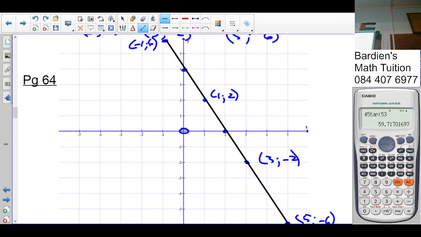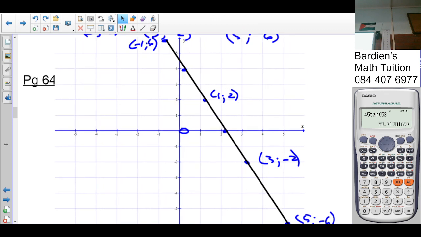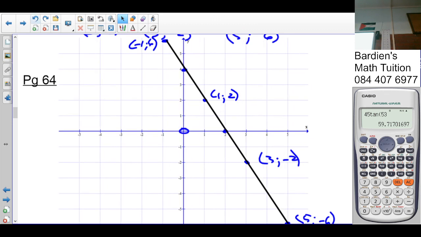The straight line can be drawn through these points. It's decreasing because as you're moving from left to right, the values are getting smaller. So it's a decreasing graph.